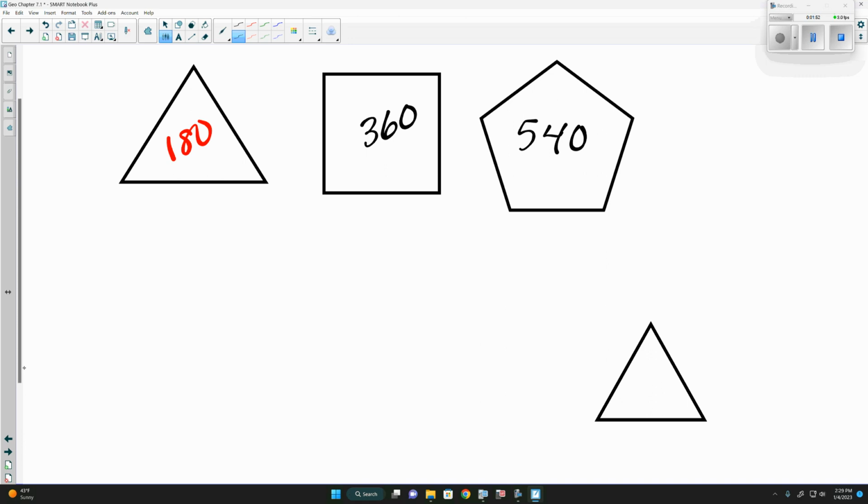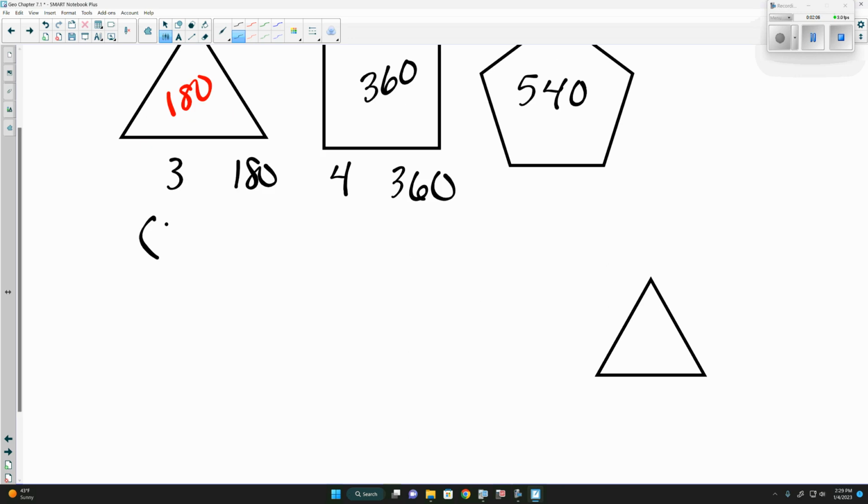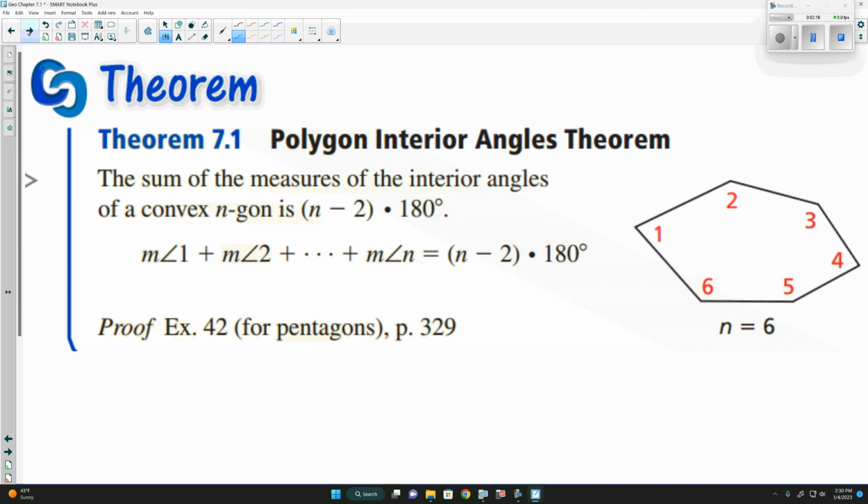Because if we look at these first two, how many sides does a triangle have? 3. And its sum is? A square has 4 sides and is? And it works out that if we take the number of sides minus 2 and multiply it by 180, we actually get the sum of the interior angles of any polygon, which is the first part of your note sheet.